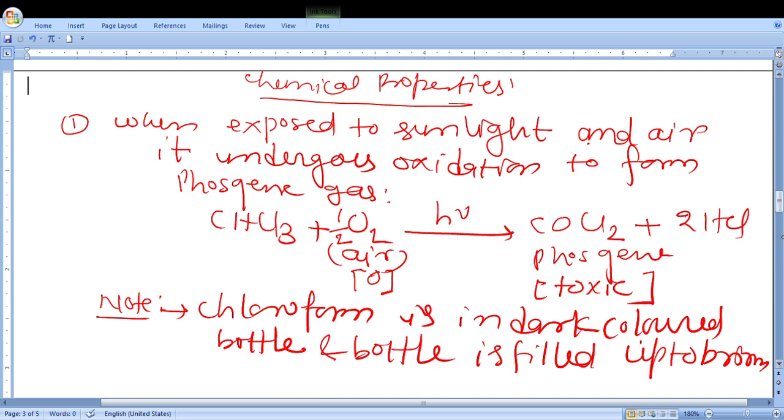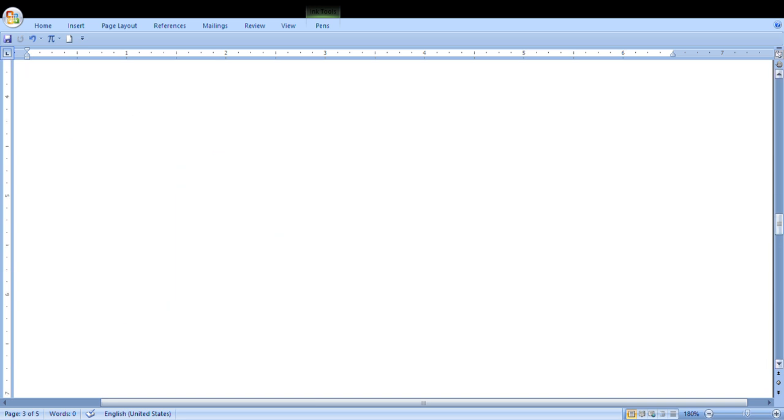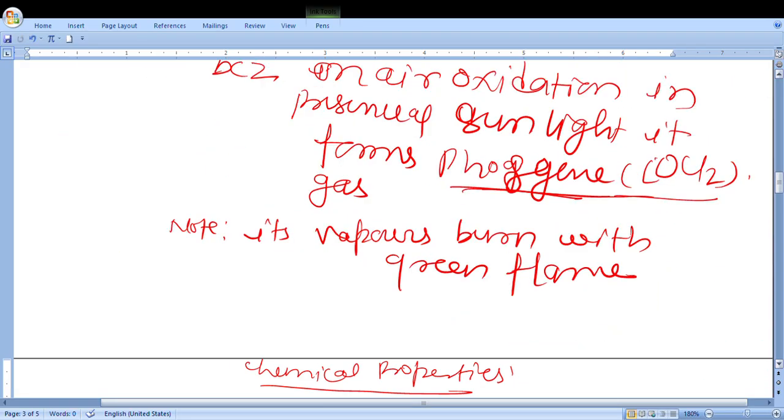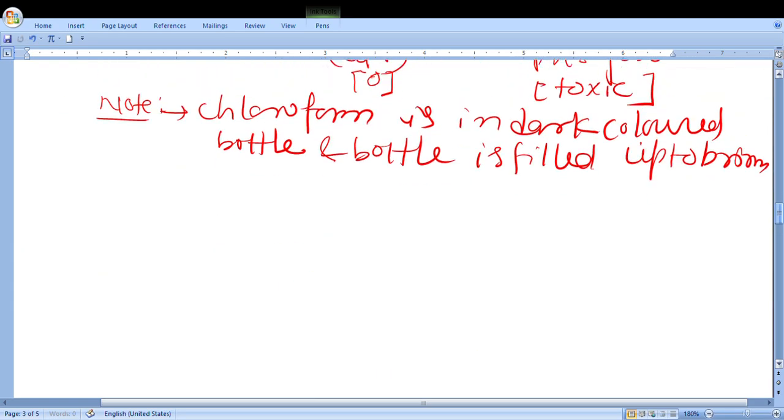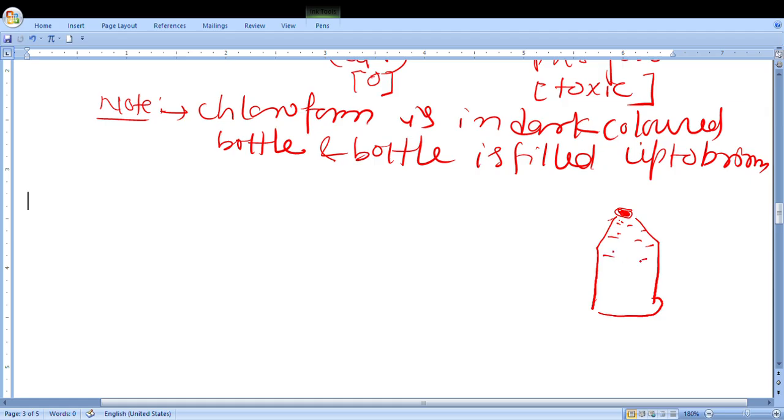Why fill up to the brim? You take a bottle containing chloroform. This must be filled till the brim, till the knot, and the bottle should be of dark color.